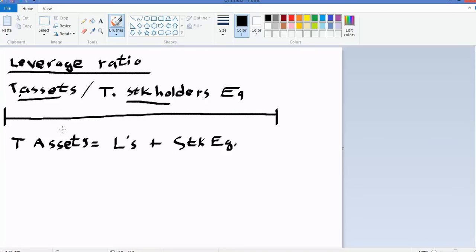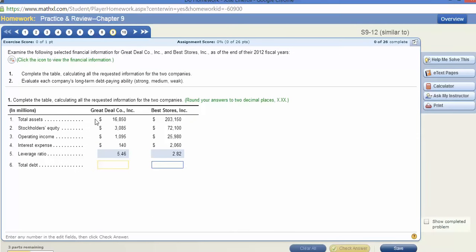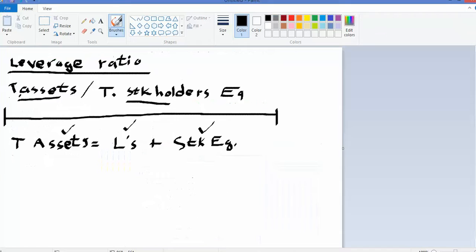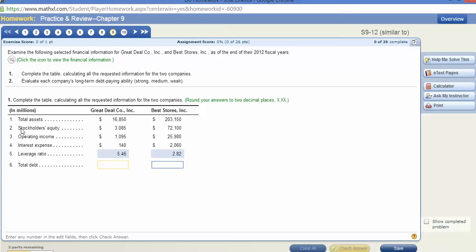The accounting equation is total assets equals liabilities plus stockholders' equity. Well, this problem gives you total assets, so you've got that, and you're trying to get this, right? You don't know what this is, but it gives you total stockholders' equity right there.